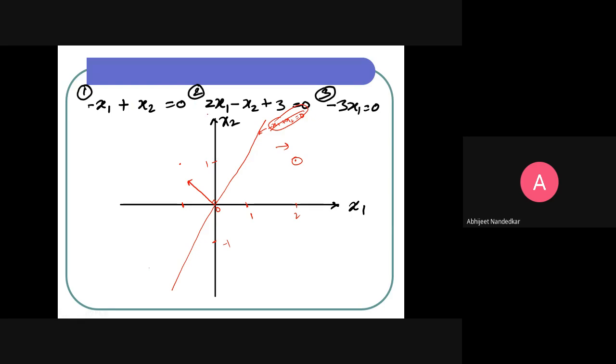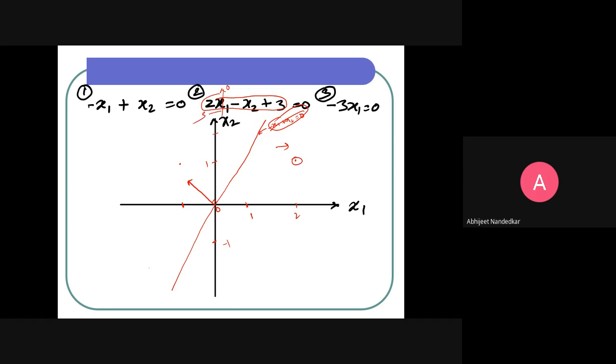Okay, now similarly, when I take the second neuron, it is implementing the line 2x1 minus x2 plus 3. So where is this line? Suppose I want to plot this line. Put x1 equal to 0, so x2 is 3, somewhere here.